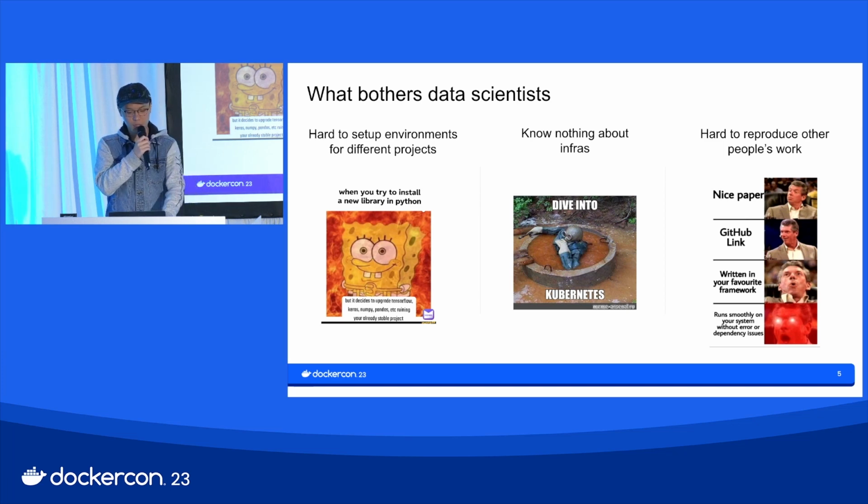Based on our investigation, only some of the data scientists have heard of Docker, and only a small number of them have used it. And it's very rare for a data scientist to actually know how to write a good Dockerfile to build a proper Docker image.